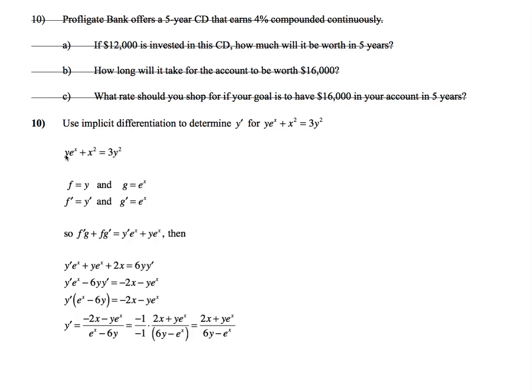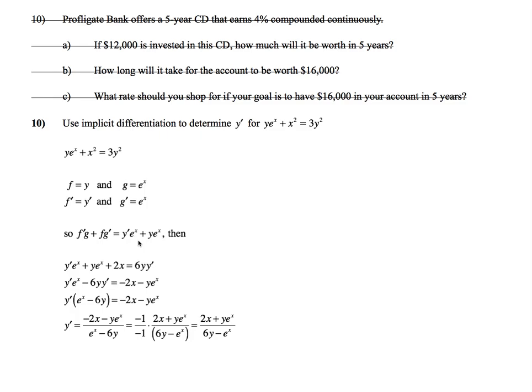In this product, we see y as our first function, so we designate that as f, and so the derivative of that is f prime equals y prime. And the second factor function is e to the x. We designate that as g. So the derivative, g prime, is e to the x, since it is its own derivative.